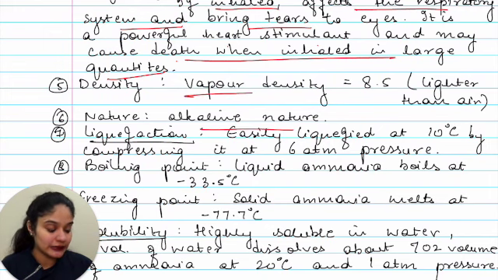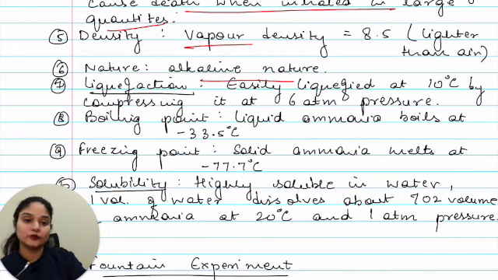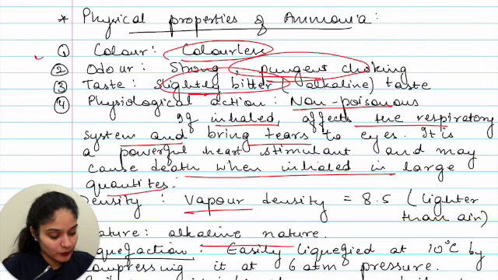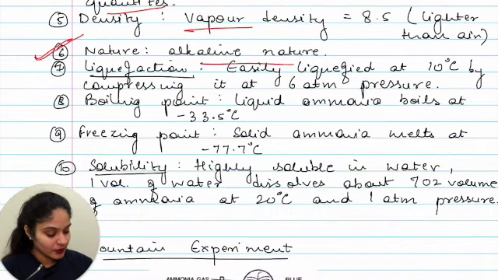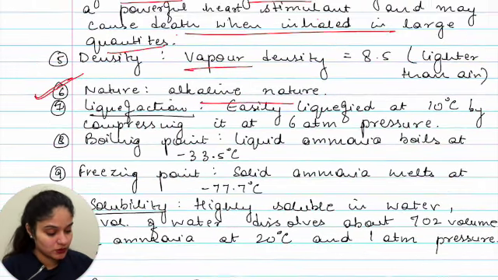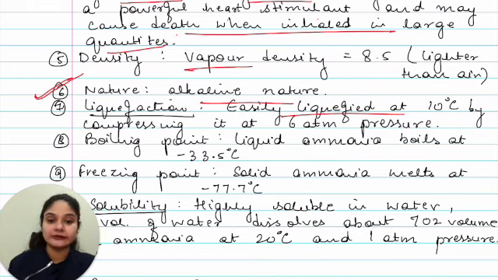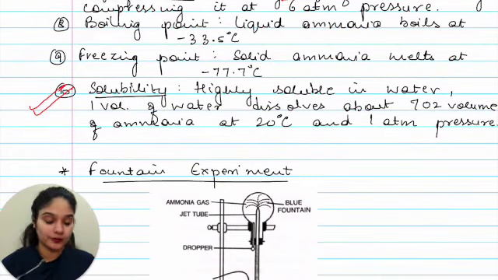Then liquefaction: it is easily liquefied at 10 degrees Celsius by compressing it at 6 atm pressure. You can remember the solubility also. Now boiling point, just go through these points, nothing that you have to remember.